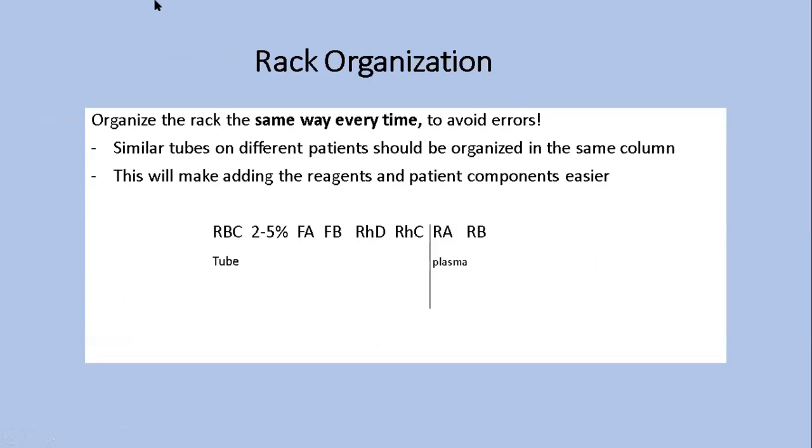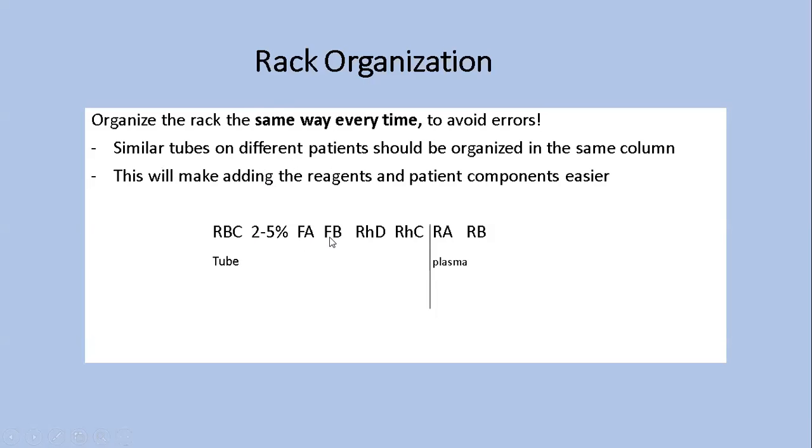So the rack organization, we want to organize our rack the same way every time. I don't have a picture this week, unfortunately, of this, but we want to have similar tubes on different patients organized in the same column. So the first tube should be our patient's original tube with the red cells, and they would all be going that way. Then that patient's 2 to 5% red cells, and the next patient's 2 to 5% red cells would be behind that one, and so on and so forth.